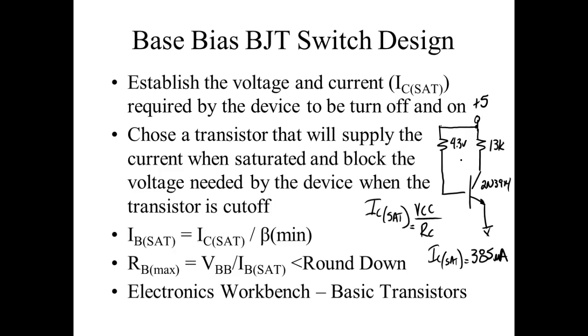We just got through, guys. This is a 2N3904, not what? 30. So I'm going to say IB sat, my saturated base current, is going to be equal to 385 micro divided by 30. What's that? 12.8.